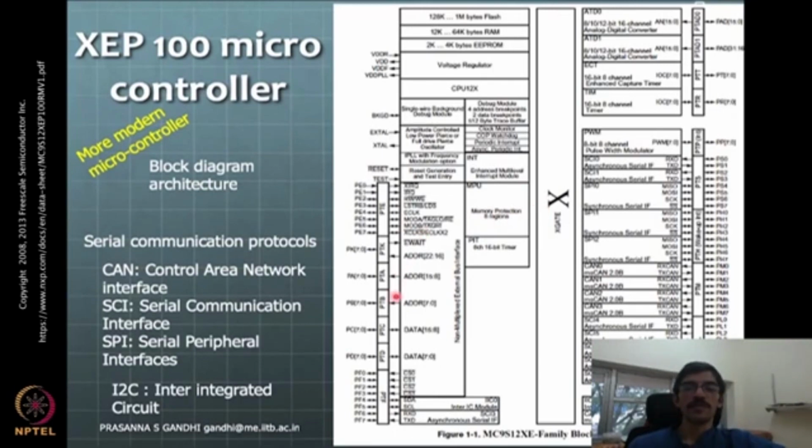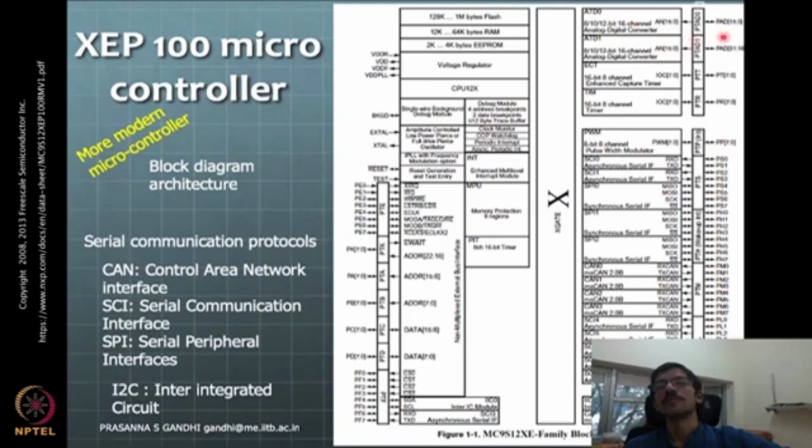But one can see some registers here, PTE. These all seem to be input output registers, so they can exchange data in digital format with the outside environment. Then on this side you'll have this ATD, which is an analog to digital converter.